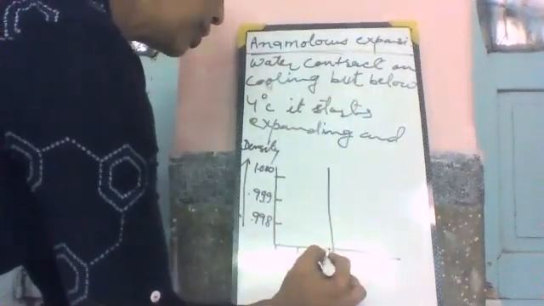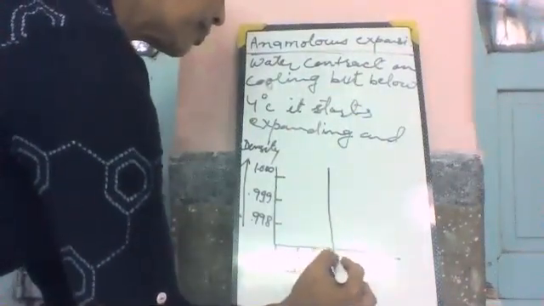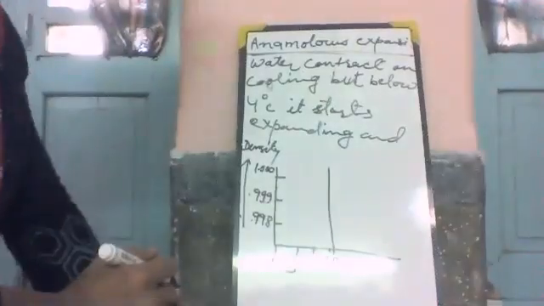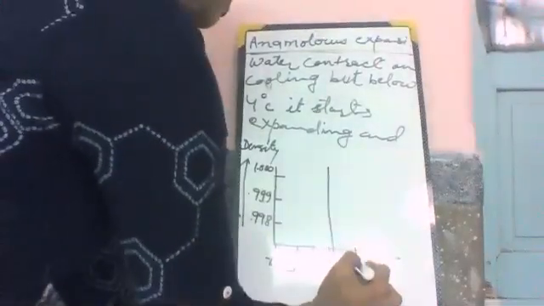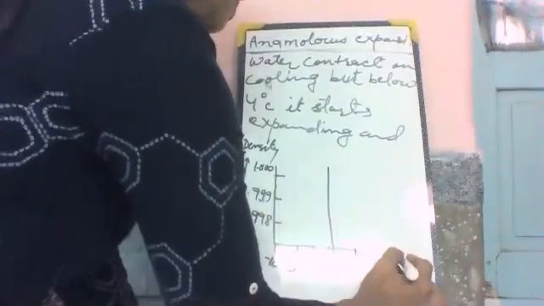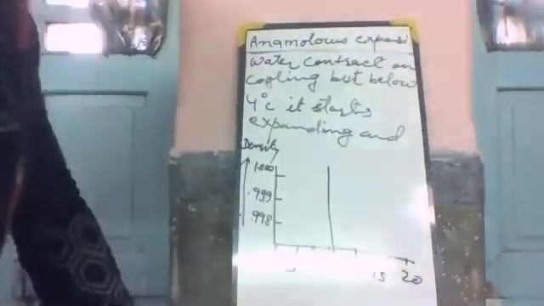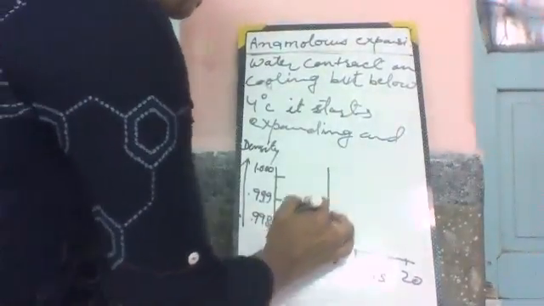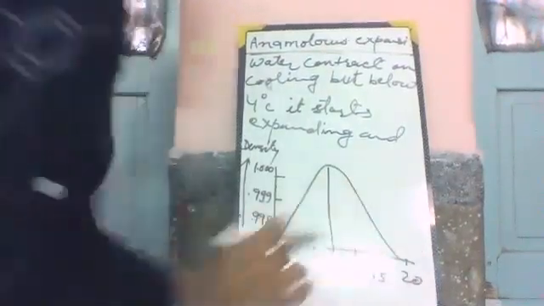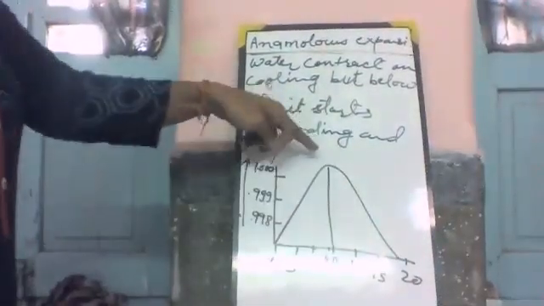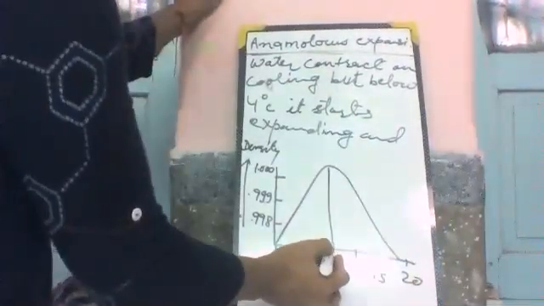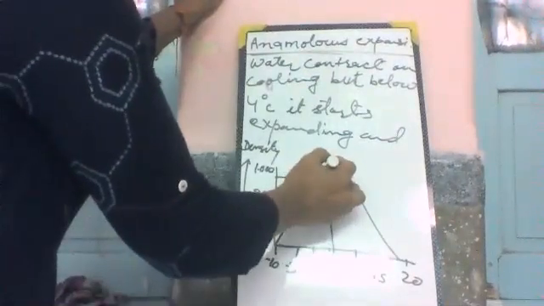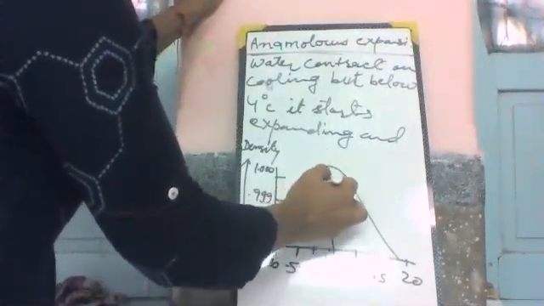Here is 4 degrees Celsius, 0, and 20. What is here? See, the maximum expansion is at 4 degrees Celsius.